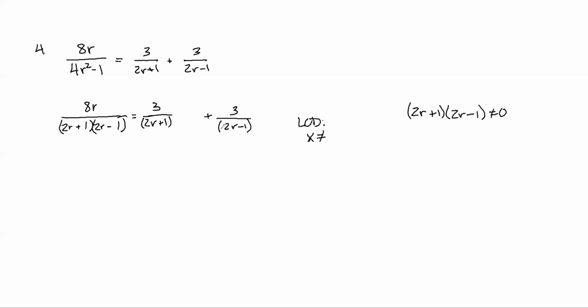And now our other two fractions here, 2r plus 1 in the denominator, 2r minus 1 in the denominator, those are already included in this first denominator here. So I don't need to do that work twice. We're just going to work with these two factors here. So let's split this equation up. 2r plus 1 cannot equal 0, and 2r minus 1 cannot equal 0.